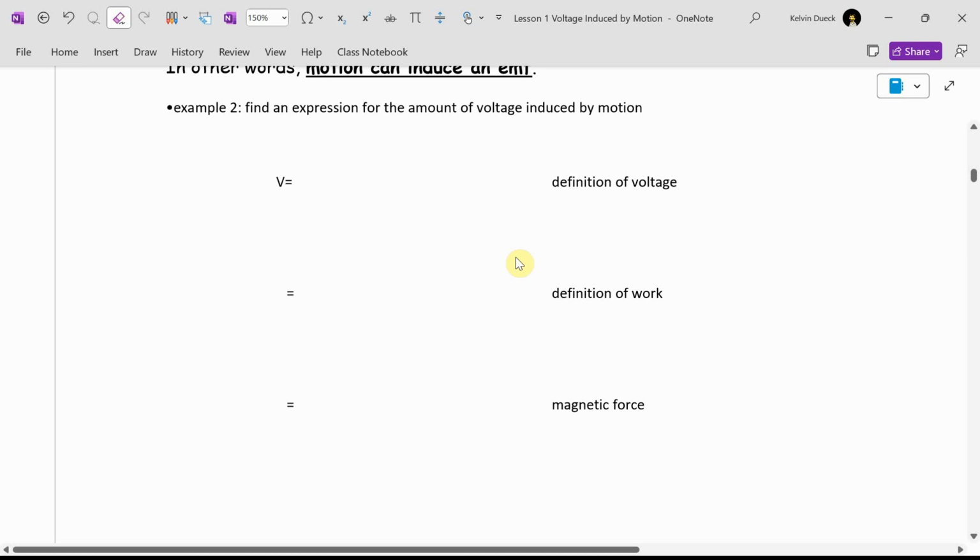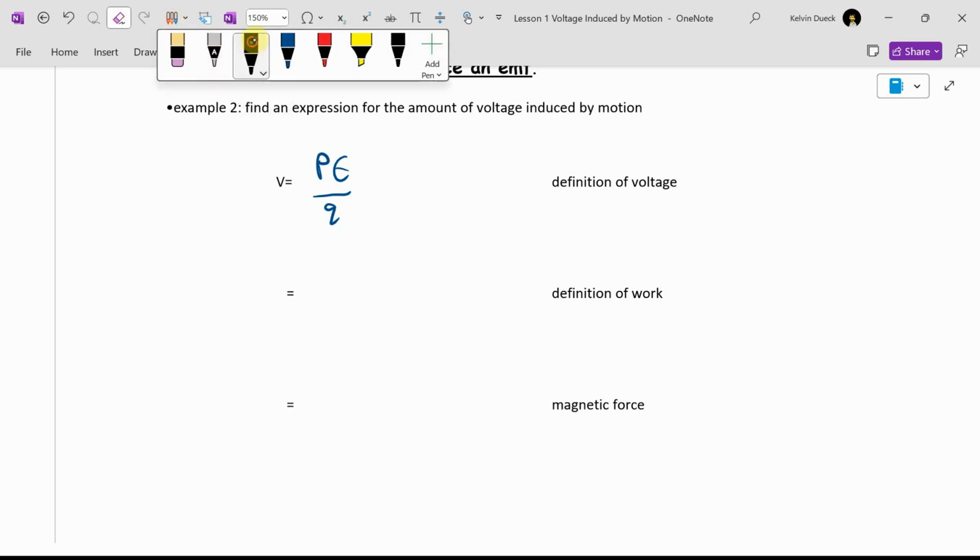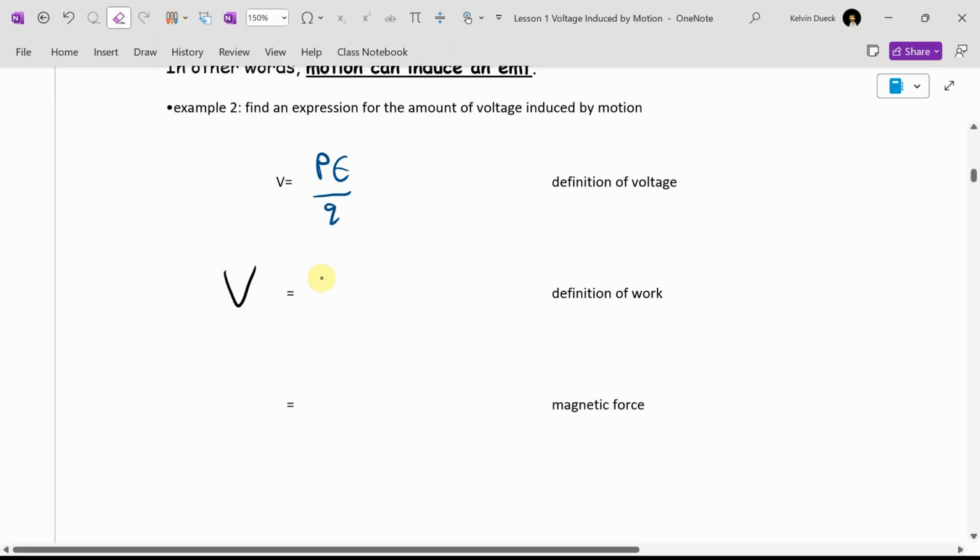What's the expression? Well, first of all, the definition of voltage was potential energy per coulomb. I gave you the analogy that voltage was kind of like height. Potential energy is work, so we can think of this as force times distance per coulomb.